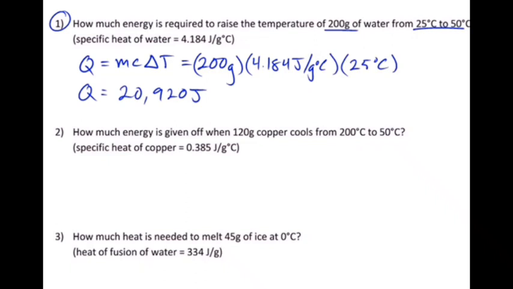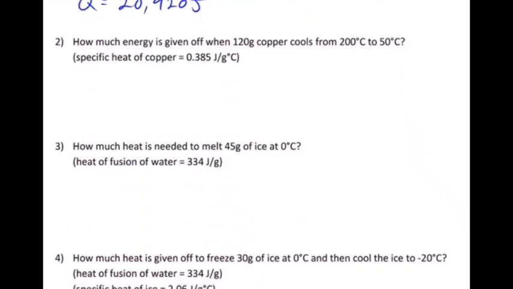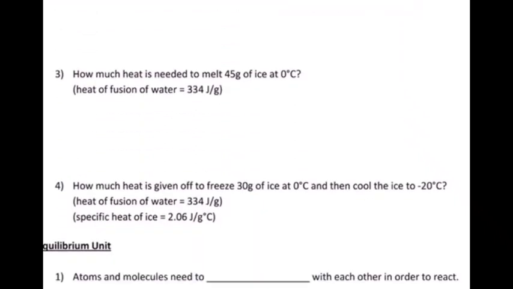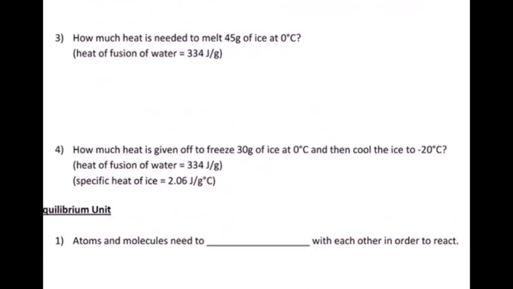So we have some problems. Yung number 3, how much heat is needed to melt 45 grams of ice at 0 degrees Celsius? Heat of fusion of water is equal to 334 joules per gram.